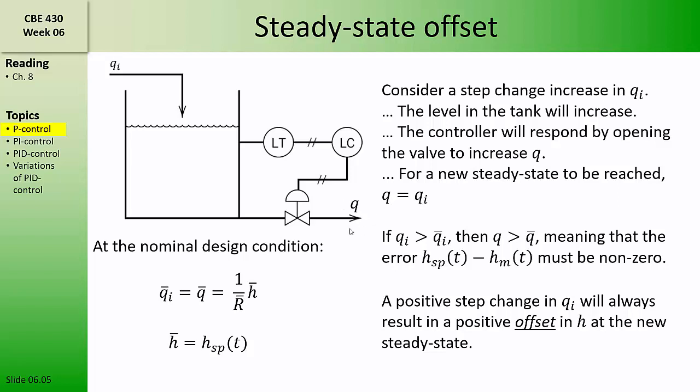For Q to be different from its steady state design condition, the valve must be further open or further closed than the steady state condition, which must mean that the error signal is non-zero. That is, at the new steady state, the controlled variable is not equal to its set point. We call this phenomenon steady state offset.